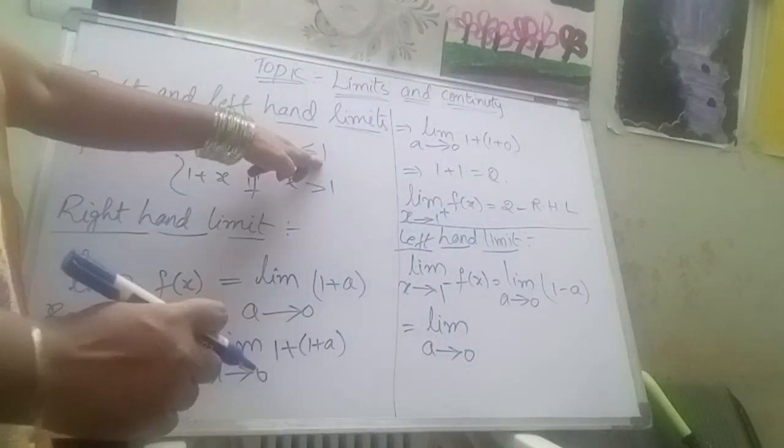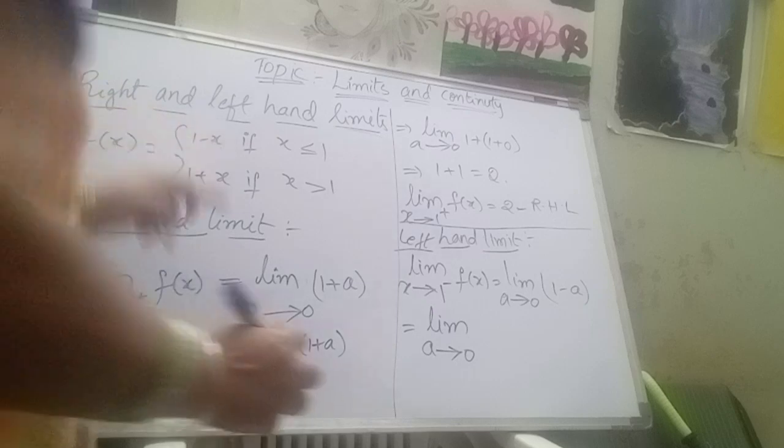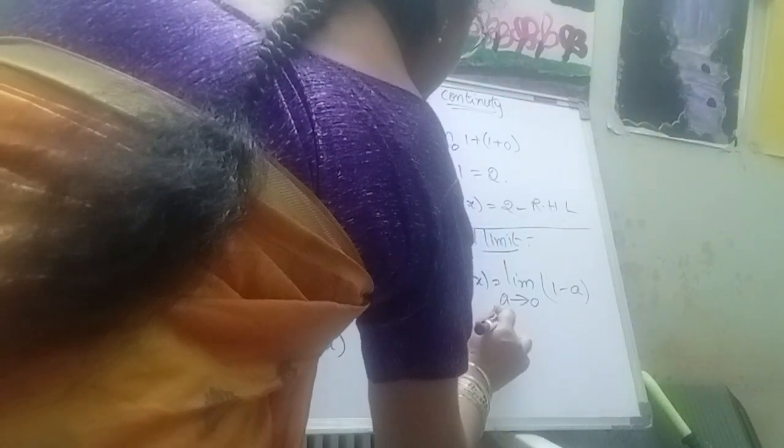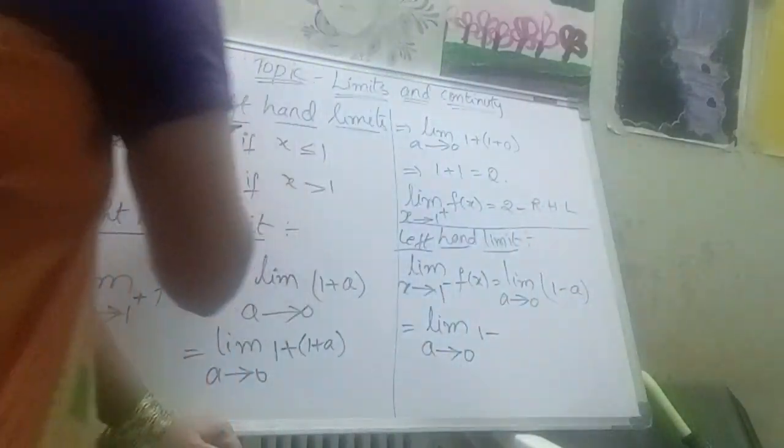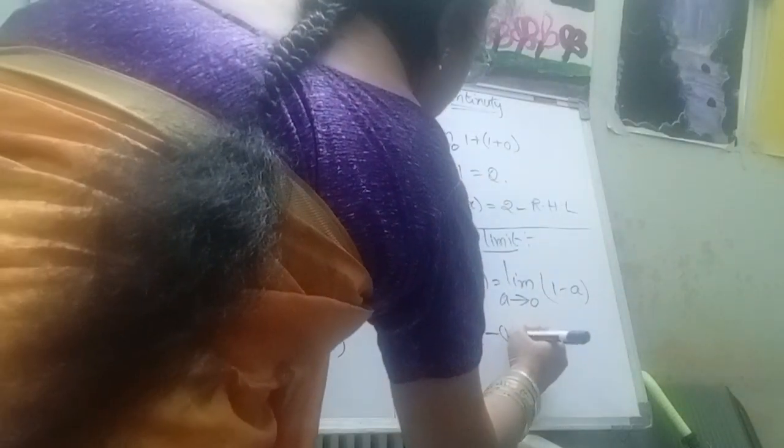Next, the function given for less than 1 is 1 minus x. So in the place of x, substitute 1 minus a. That equals limit a tends to 0 of 1 minus 1 minus a, which equals 1 minus 1, cancel, equal to 0.